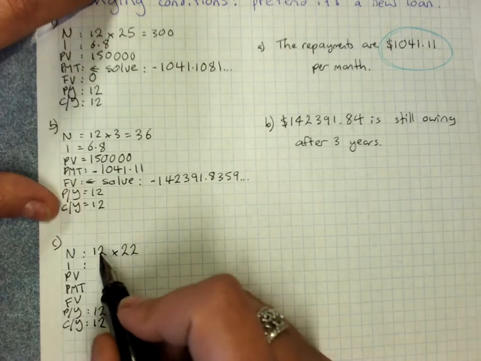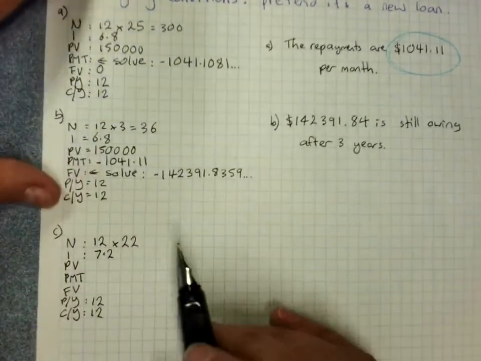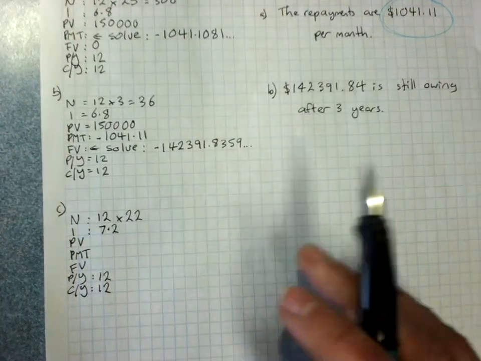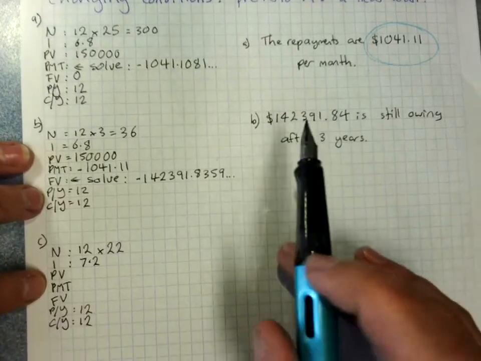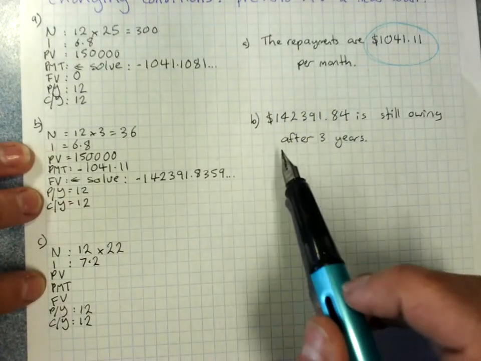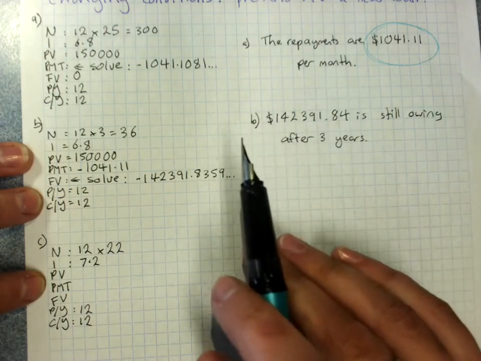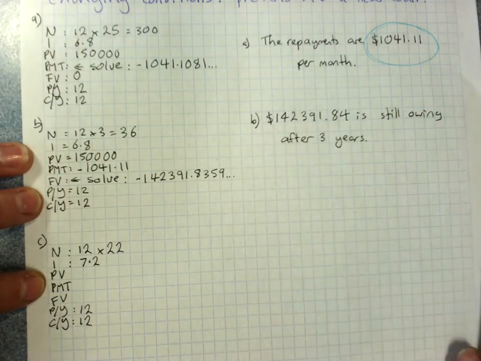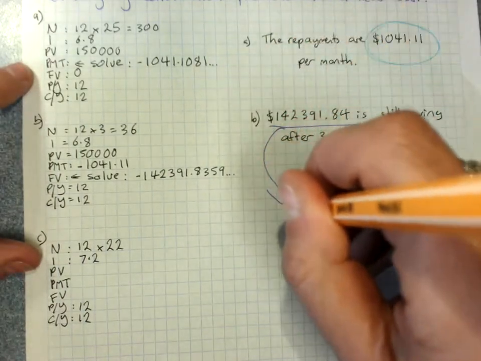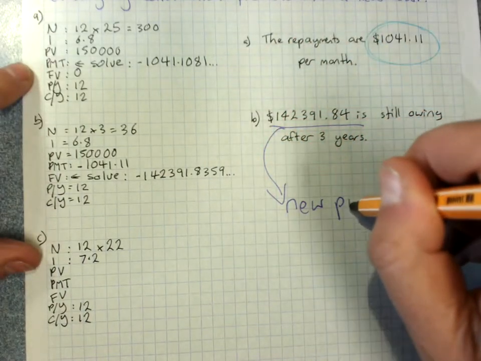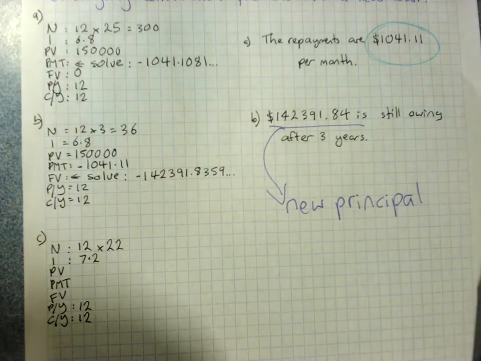Interest rate just changed to 7.2% per annum. Think of it as a new loan. The present value is now the amount that's still owing. You still owe this much, and for some reason you have to renegotiate a loan. This is your new principal, because that's what you still owe.